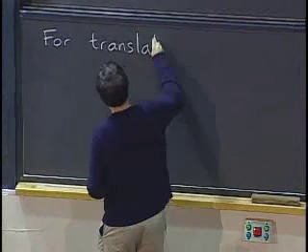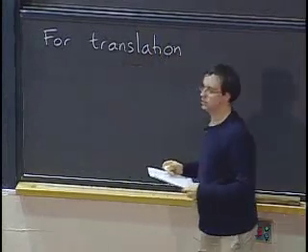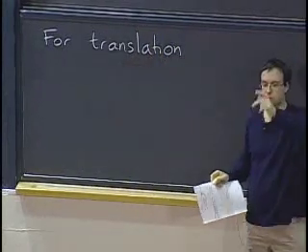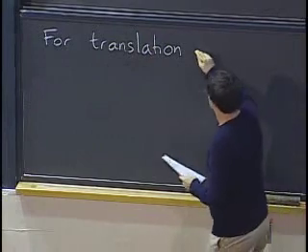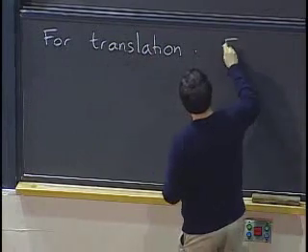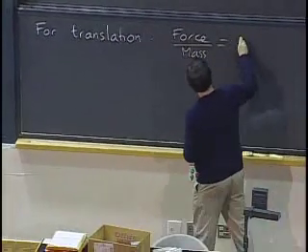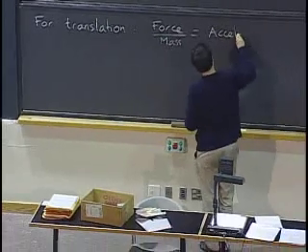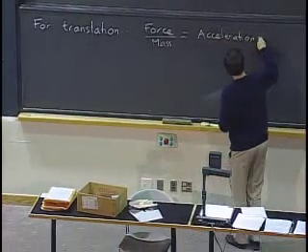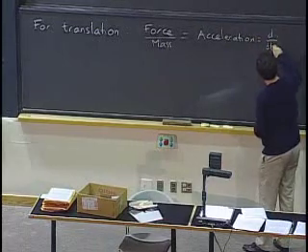Let me remind you, if I look at translation motions, say a point mass, so there's no rotation effects, then force divided by mass is acceleration, which is the derivative of velocity.